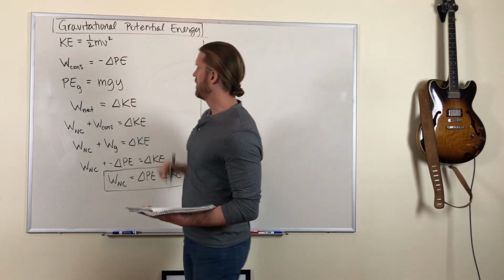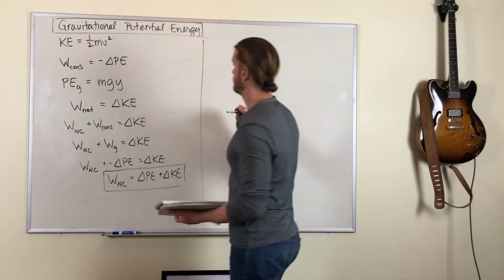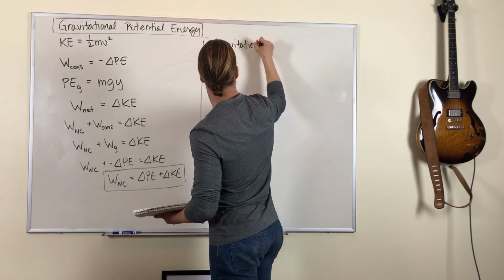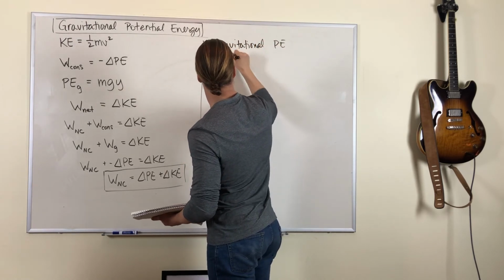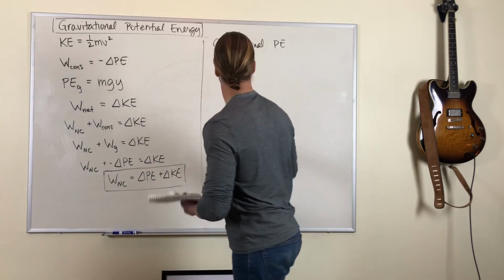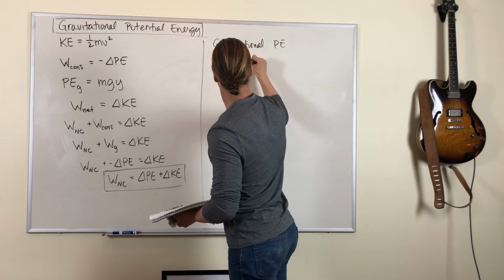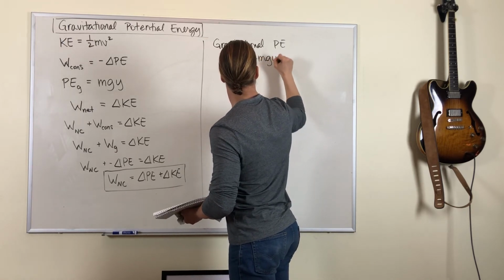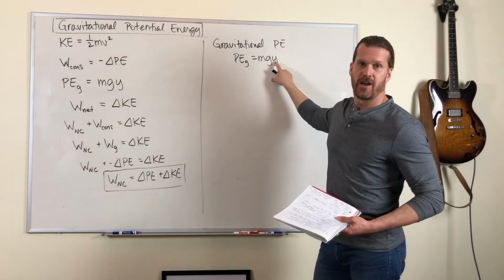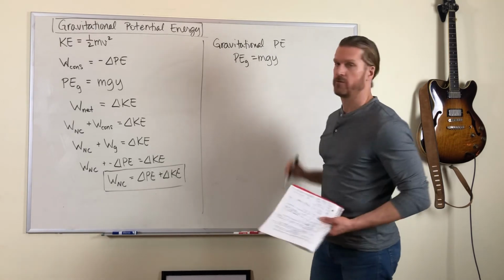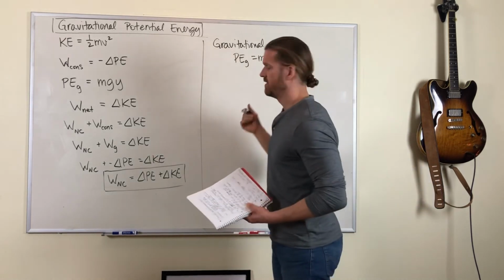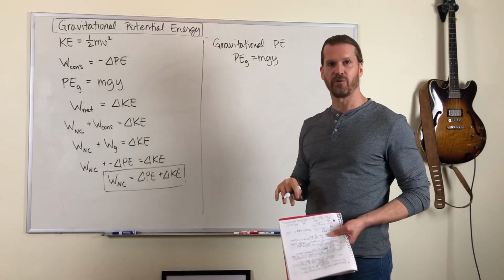Now, one note about this gravitational potential energy function. We need to define a 0 point for y, where we're measuring the height from. It turns out that that 0 point is totally arbitrary.